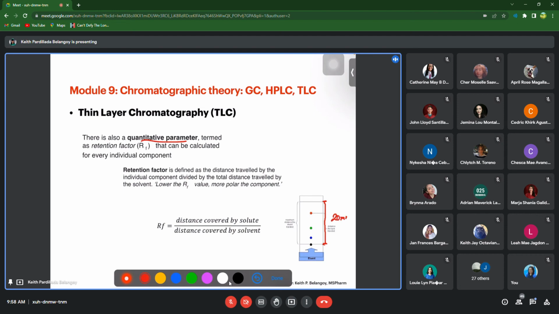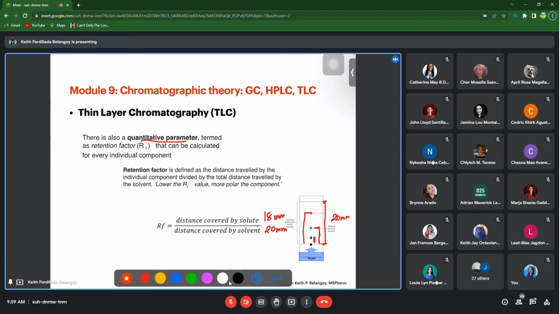Next, measure the distance from the origin to the spot, then to the next spot, which is your green, and to the next spot. Let's say this spot red is a distance of 18 millimeters, and the distance covered by your solvent from the origin to the solvent front is 20 millimeters. That's how you solve for your retention factor.